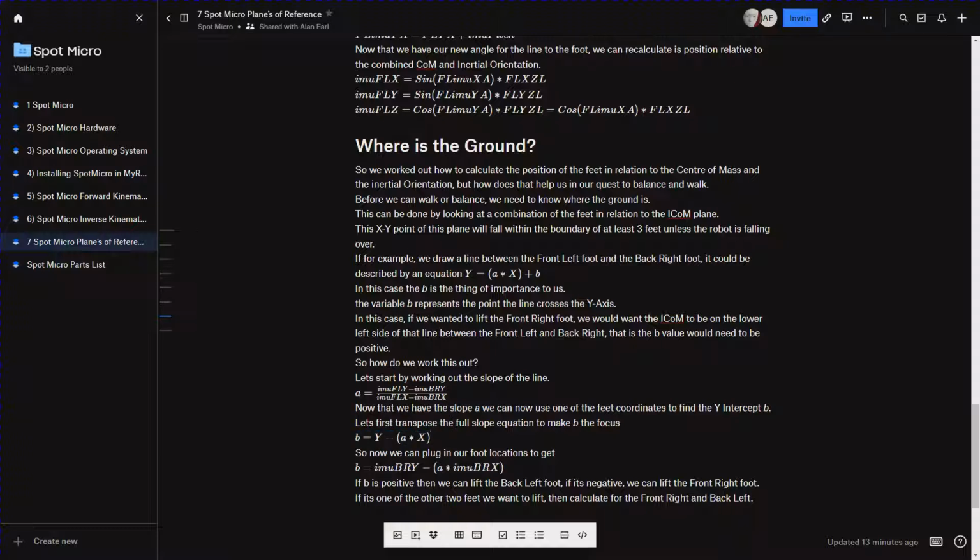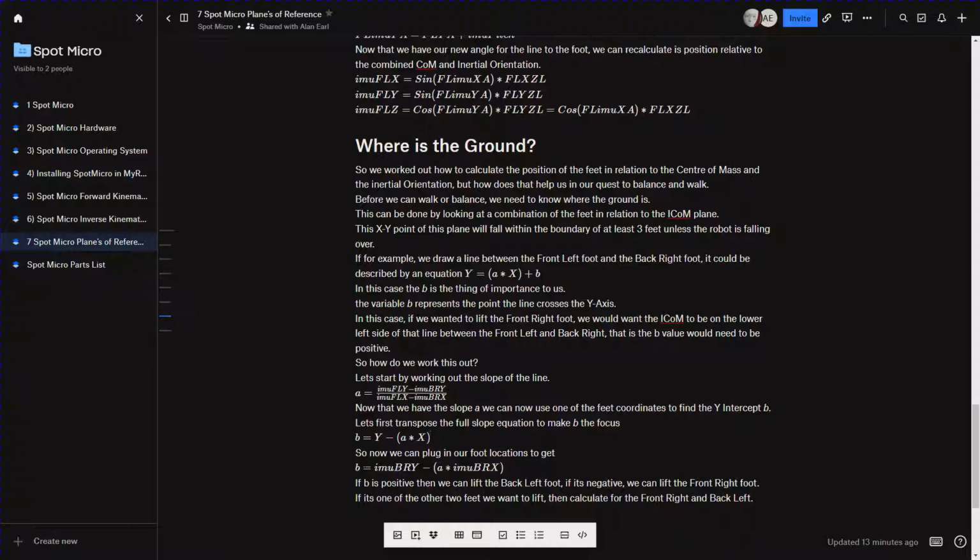Since we know a, and we can use, say, the back right foot y and x coordinates to transpose for x and y, we can now gain b, or calculate out b. And if we've calculated out b, we know where it intersects the y-axis.